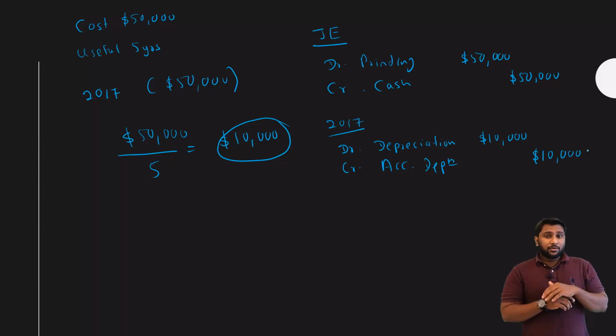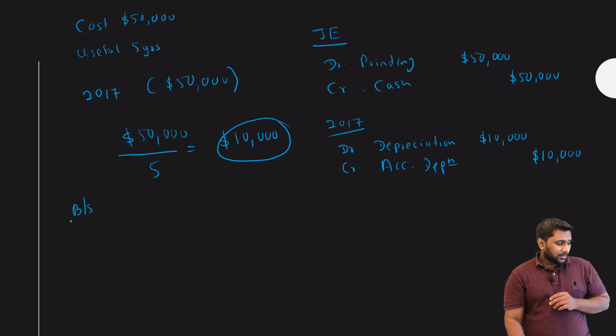If I want to show you the balance sheet figures after the first year, in the extract of the balance sheet under my non-current assets, I have this printing machine. I bought this asset for 50,000 US dollars.